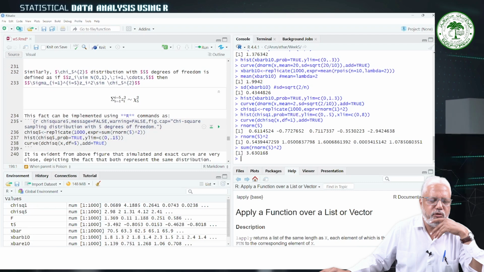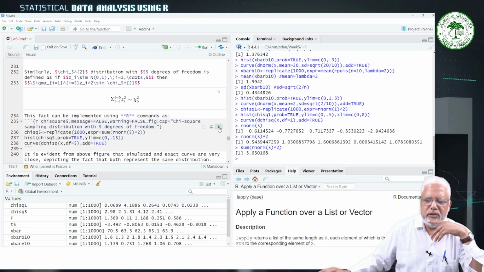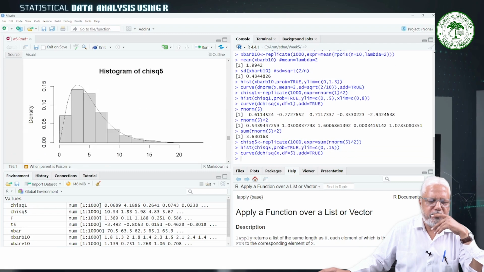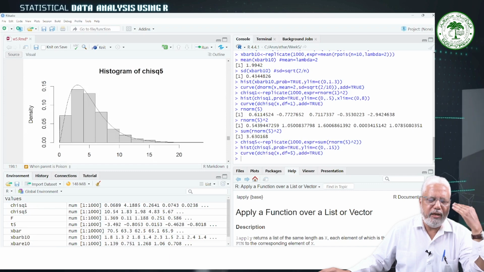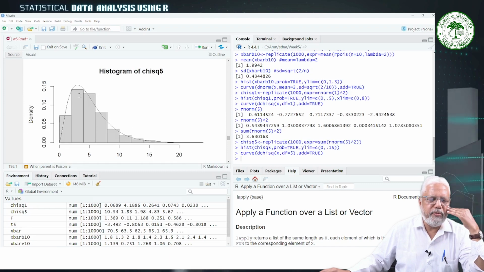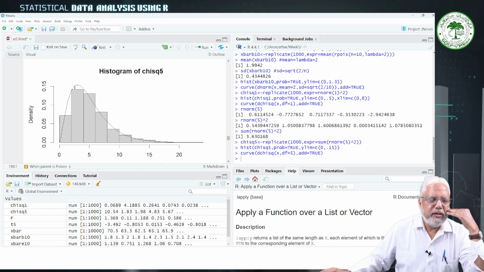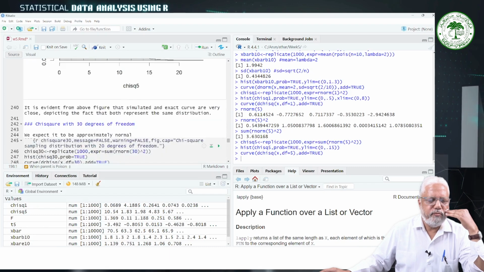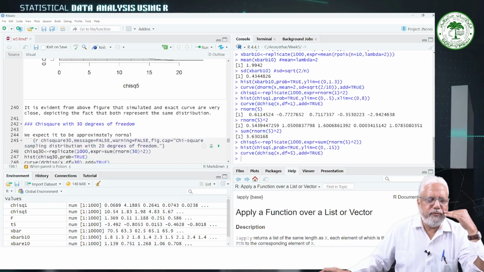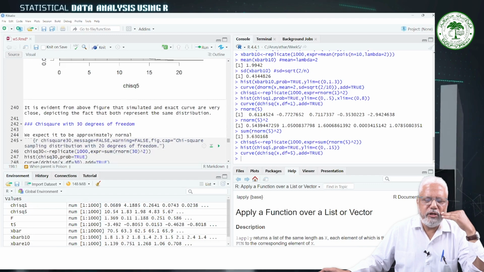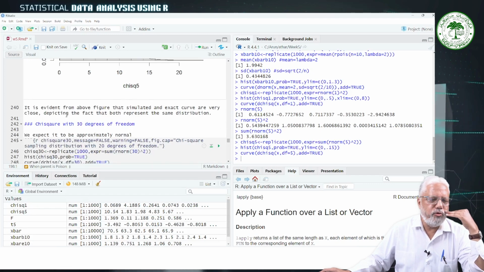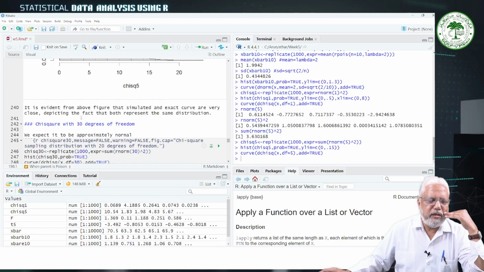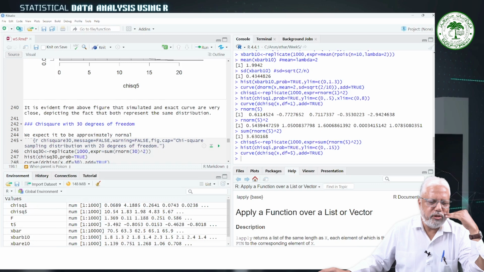See, these are in good agreement. This histogram is made on simulated data, whereas this curve is the exact chi-square curve. It is evident from the figure that the simulated and exact curves are very close, depicting the fact that both represent the same distribution.